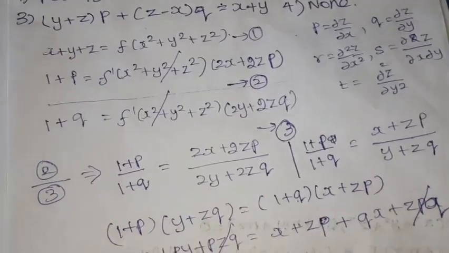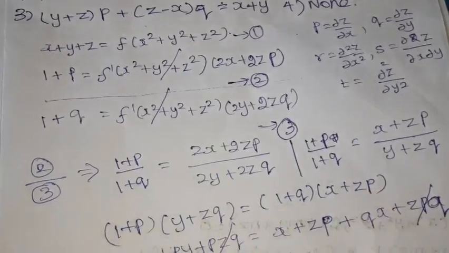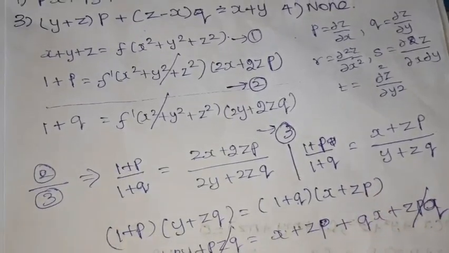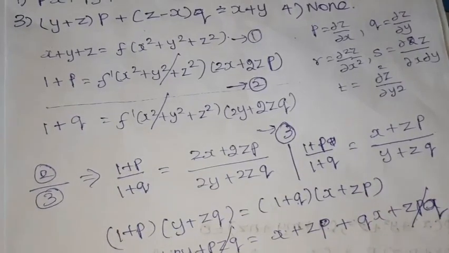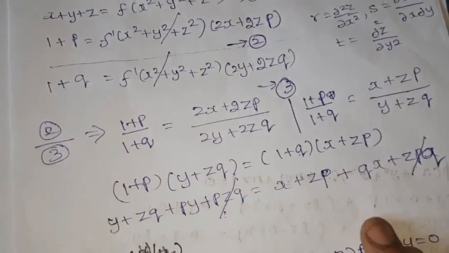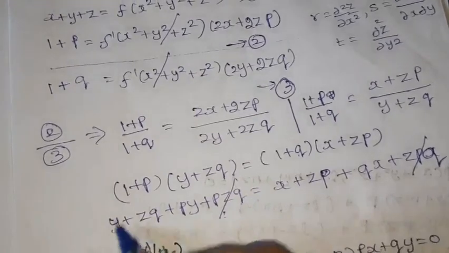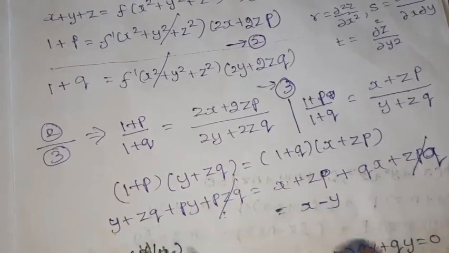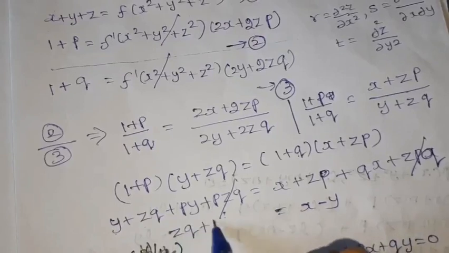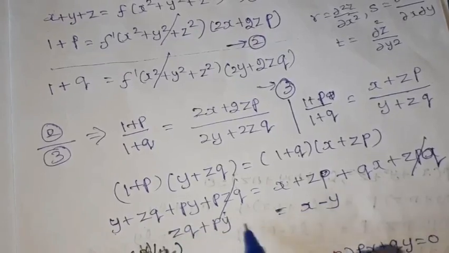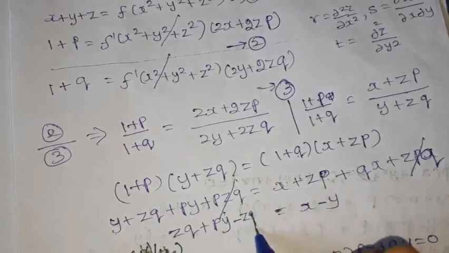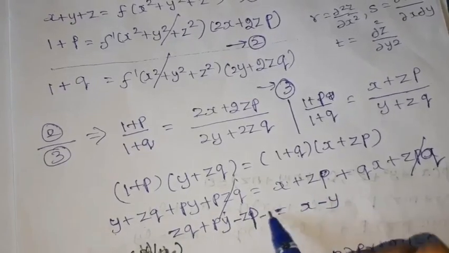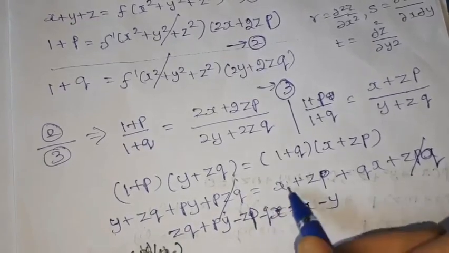Now take the p and q terms to one side and x and y to the other side. So we get zq plus py minus zp minus qx equal to x minus y.